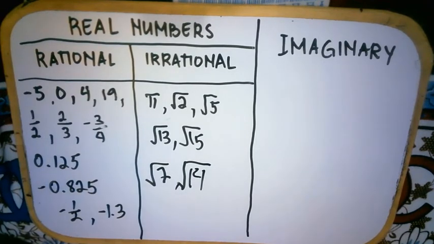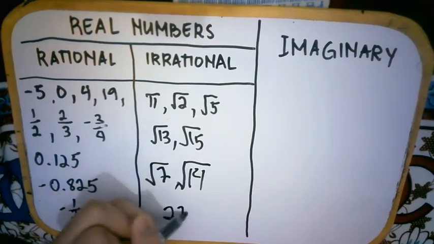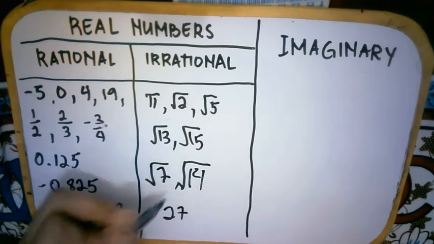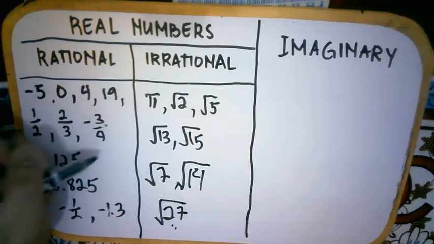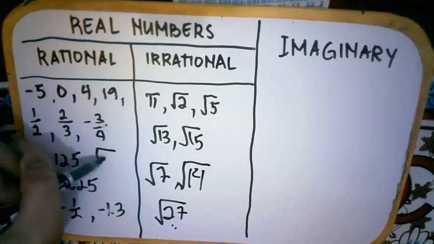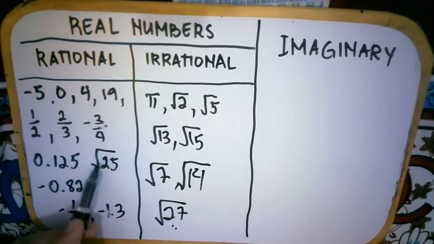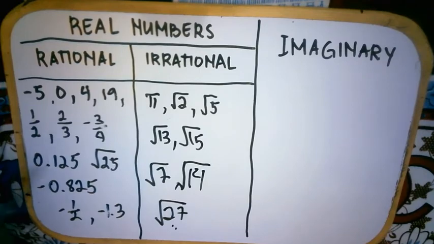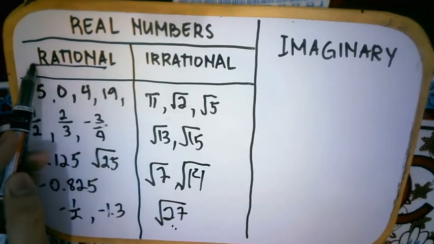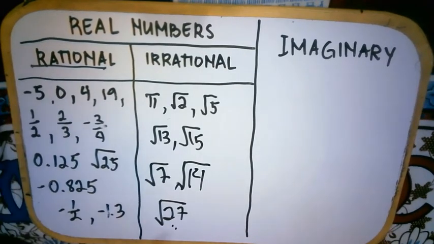So another one, 27, hindi yan perfect square. Let's put square root of, so we will read this as square root of 27, therefore irrational yan. Here, we can put also square root of 25. Since ang 25 ay perfect square, square root of 25 is positive or negative 5, still under pa rin ng rational yan. So, yun po ang pinagkaiba ng rational and irrational para mas madali nyong matukoy.